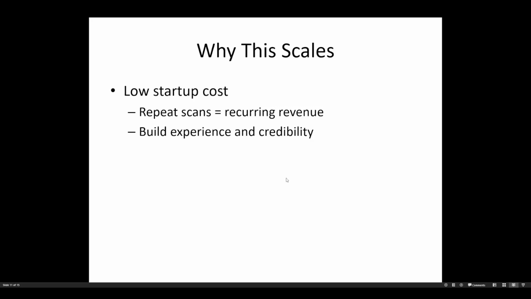Now, this can scale. Personally, I have not scaled it, it's just not something I've worked on, but I imagine other people can, which is why I'm creating this video. I would say the startup cost is definitely on the lower side. It's something you could do on your own, and let's say it doesn't work out as a $100,000-$200,000 a year business, which possibly could.